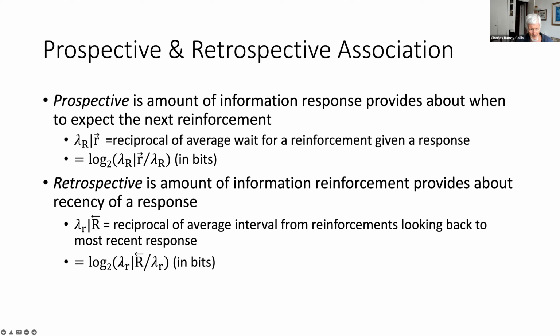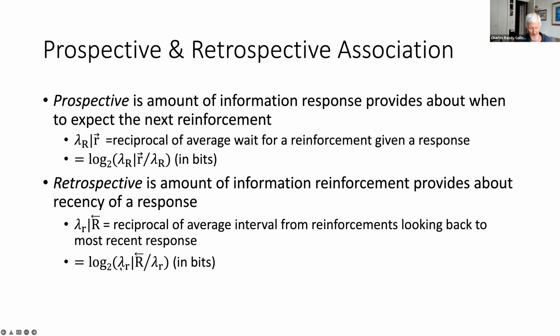So let me walk you through this notation here. Capital R, that's the reinforcement. The arrow above it says we're looking back from that. So we're estimating the rate of responding by looking backward from the reinforcements. And we only look back to the most recent response. So conceptually, this is really an average interval.